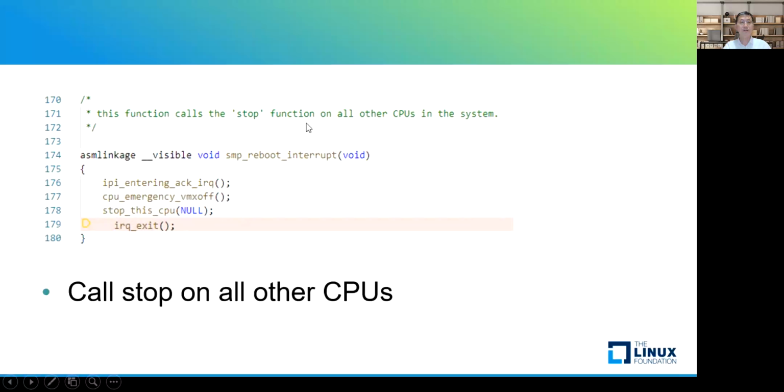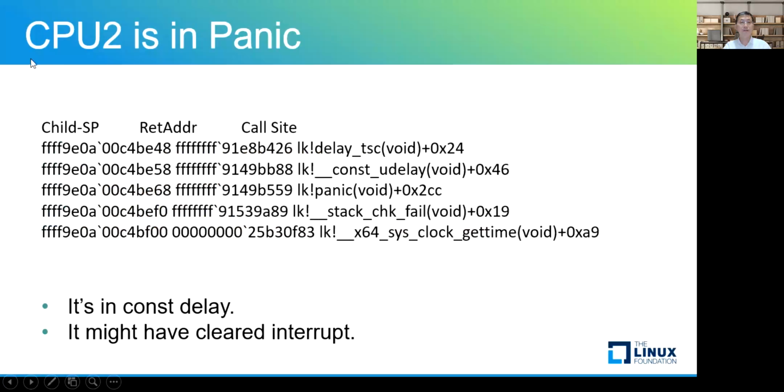it's doing stop CPU. Actually, I believe this function will trigger an IPI to let all other CPUs respond to the command. And when we switch to CPU 2, we can see it might panic, and it's in a constant delay. So that's why it hangs.